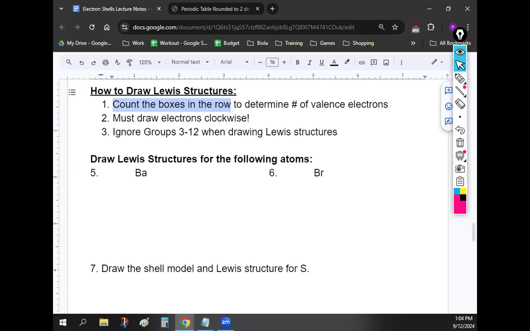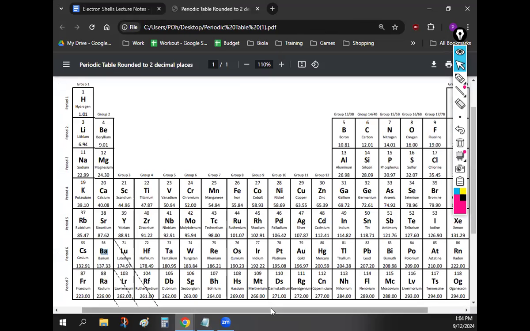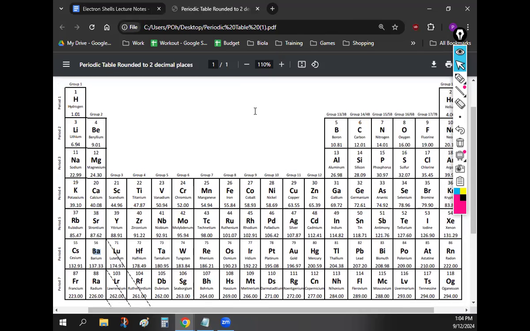Let's go back to our example of sulfur, and I'll show you what counting the boxes means. Let's go to the periodic table. If we look at sulfur on the periodic table, sulfur is right here in the third row, right? How many valence electrons did we say sulfur has? 6. A very easy way to find that is to count the boxes in the same row until we get to that element.